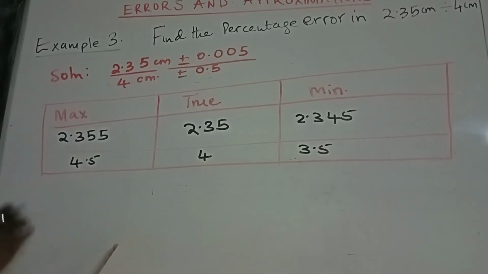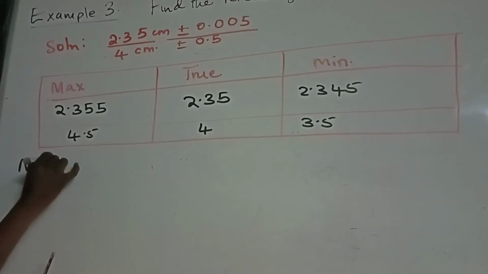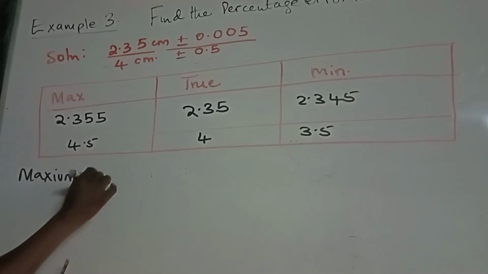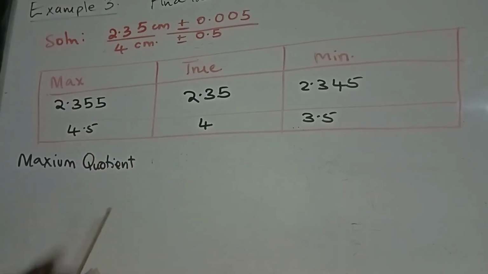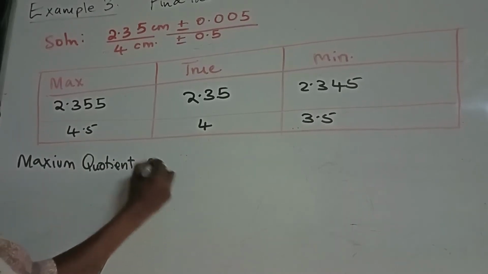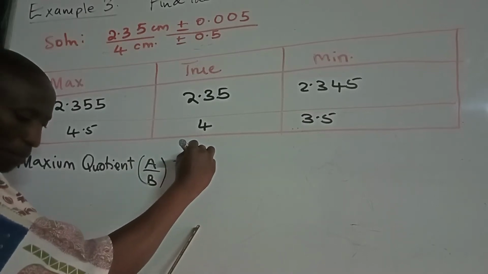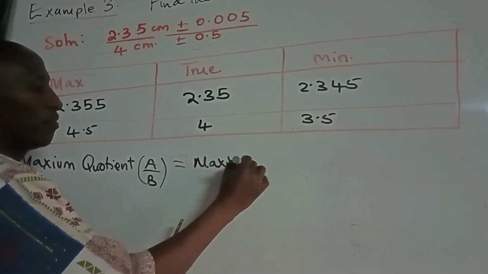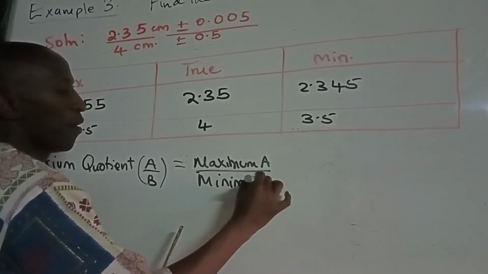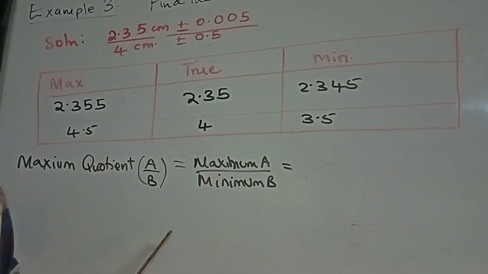Now let's look at what we call the maximum quotient, the maximum result of division, of a value A all over B. It is obtained by having the maximum of A divided by the minimum of B. So that is the special condition in division.